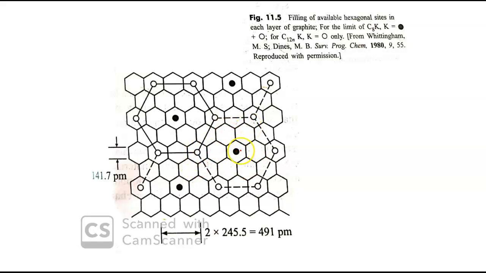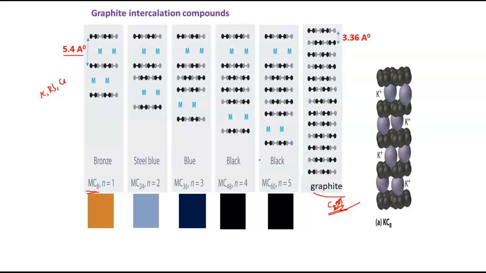And the carbon-carbon distance within a layer of graphite is the same as in pure graphite, but the spacing between two graphite layers in C8K is larger than that in pure graphite.